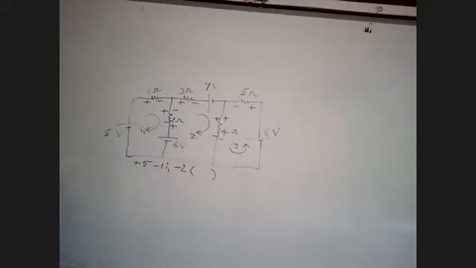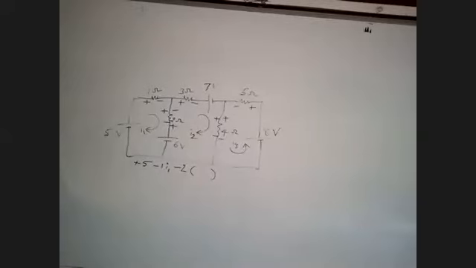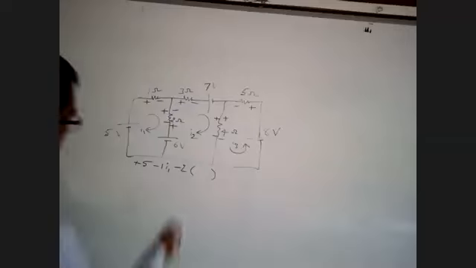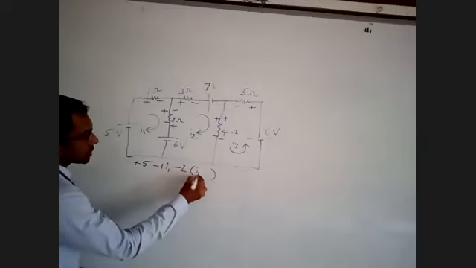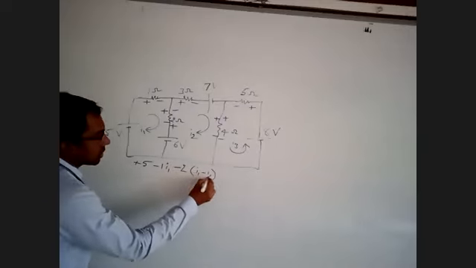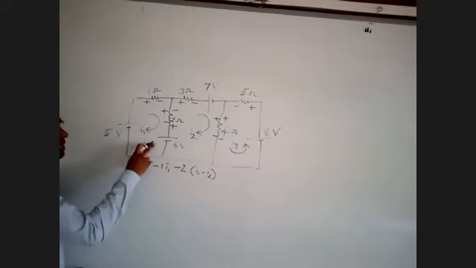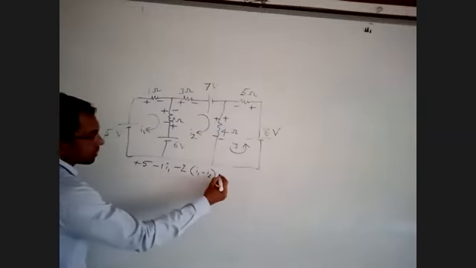Two currents are flowing, but what do you write? I1 minus I2, because I1 is the reference. First we will take I1 in the first loop.